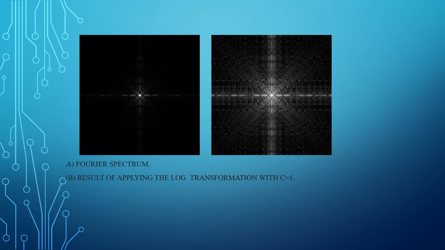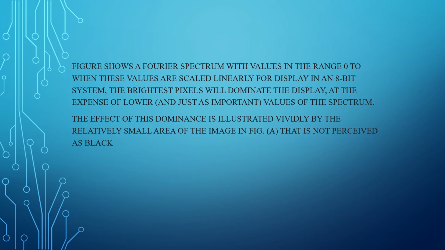And here we can see two figures. The first one is the Fourier spectrum and the second one is the result of applying the log transformation with c equal to 1, where c is the constant. The figure shows a Fourier spectrum with values in the range 0 to 10^6 when these values are scaled linearly for display in an 8-bit system.